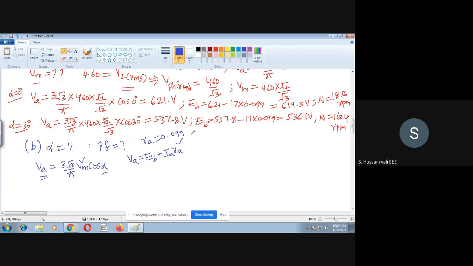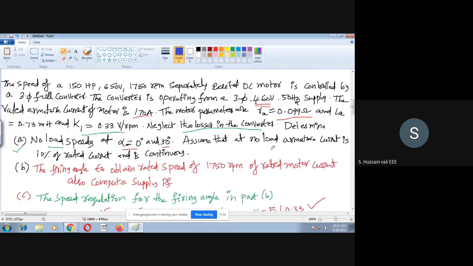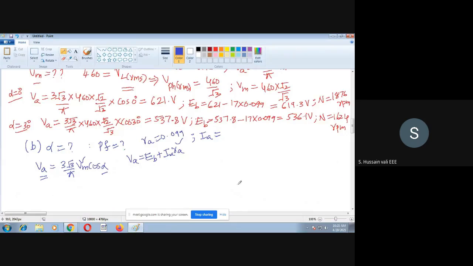What is the Ia value? You just see the question now. What is said in the question? The question says rated motor current. So the Ia value is the rated motor current, that in the problem he has given as 170. So now the only thing left is Eb.